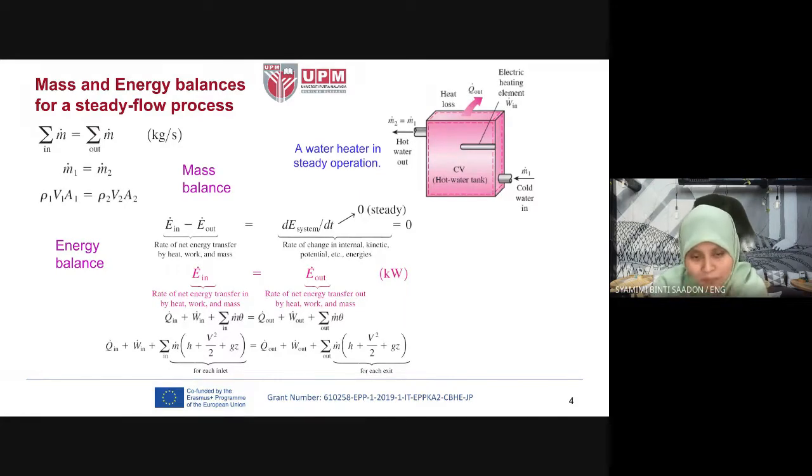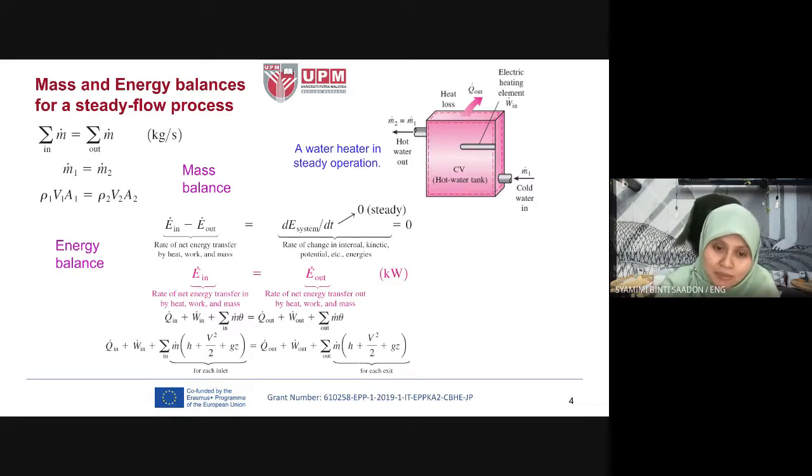If you expand this energy balance, what energy is contained in the process? Normally, Q in is the heat transfer inlet, so energy transfer by heat. W in is the energy transfer by work, the work input.